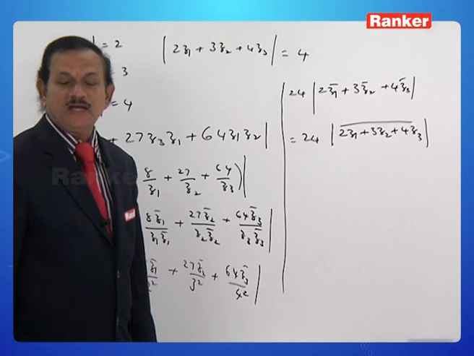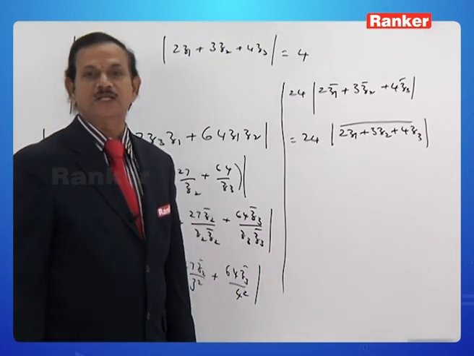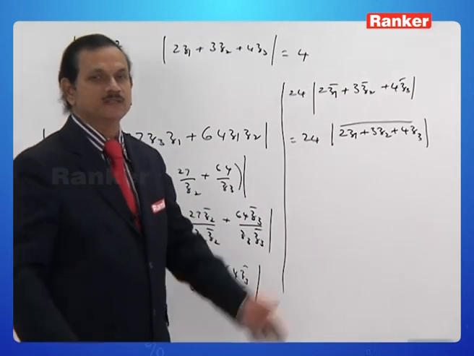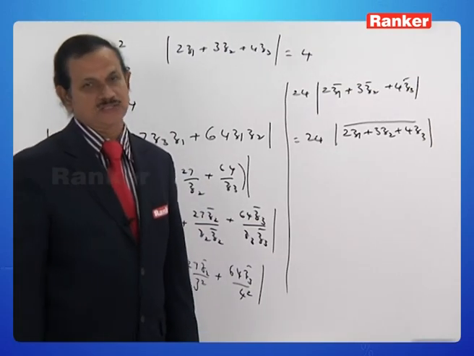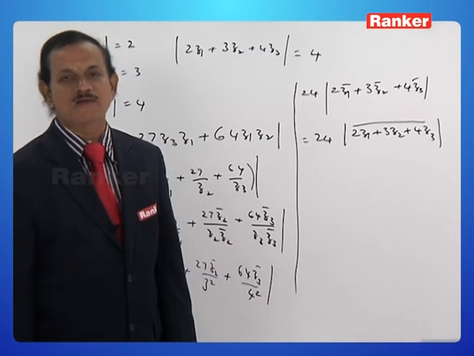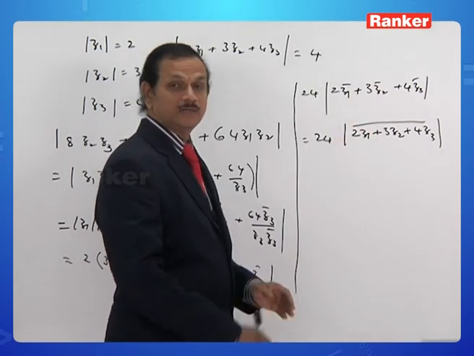Yes. If A, B, C are real numbers, then A Z1 plus B Z2 plus C Z3 whole bar is nothing but A Z1 bar plus B Z2 bar plus C Z3 bar. The conjugate of a sum of complex numbers is nothing but the sum of their conjugates, from the earlier properties of complex numbers. Therefore, we will be able to write this one like this.